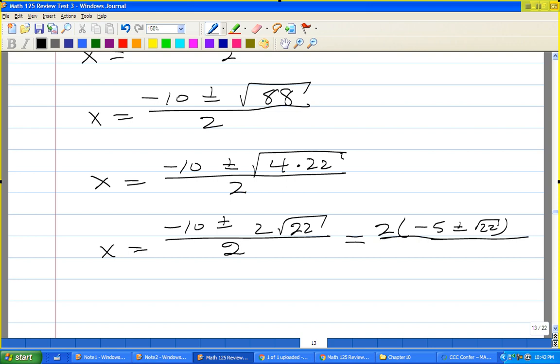And so the 2's cancel. Okay. So x is equal to a negative 5 plus or minus the square root of 22. Okay.